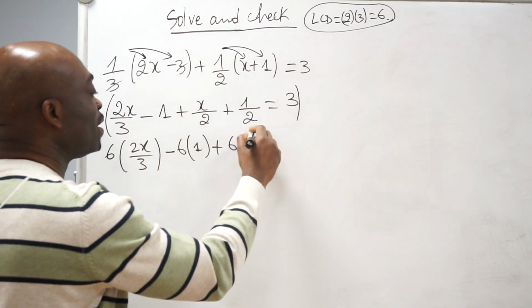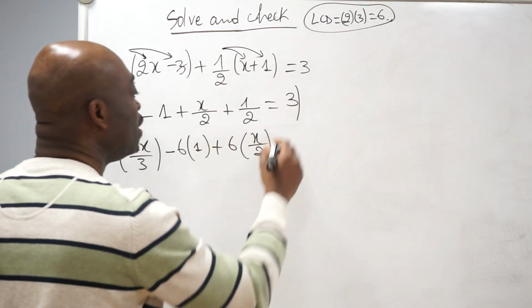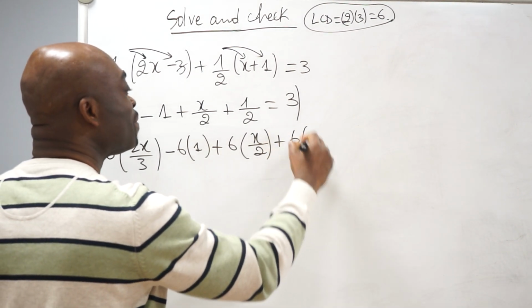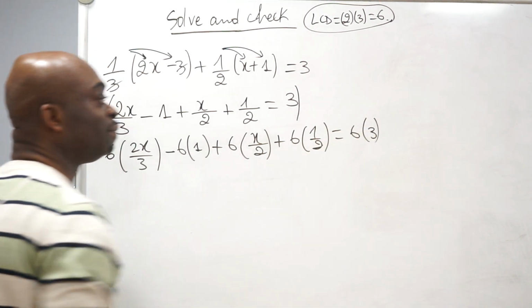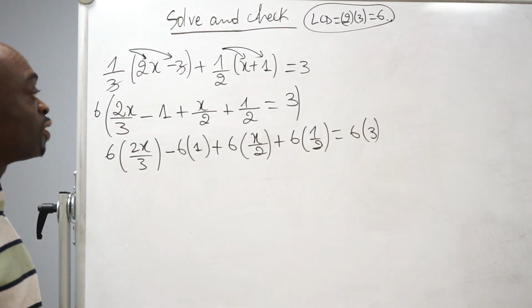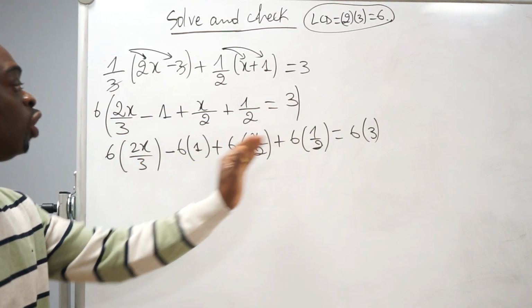So that's 6 times x over 2, or 1/2 of x plus 6 times a half. And then this is equal to 6 times 3. Are we good? So 6 is multiplied. This one, this one, this one, this one, this one. So all of them across.